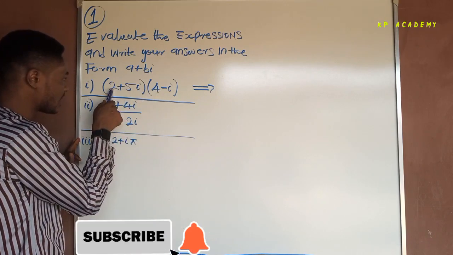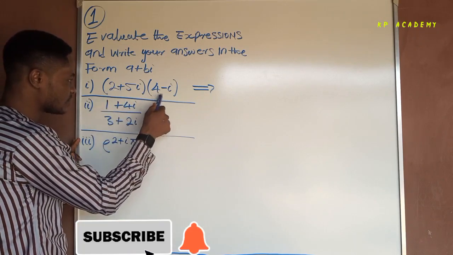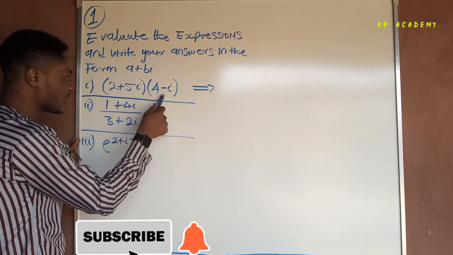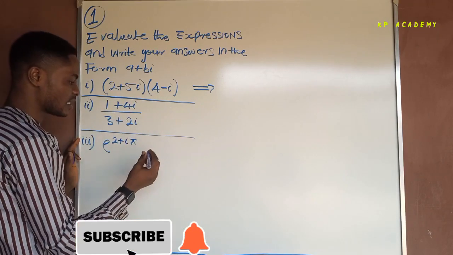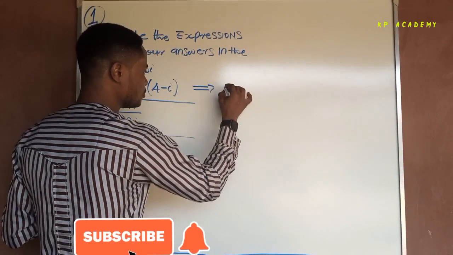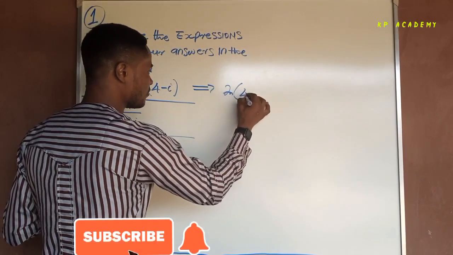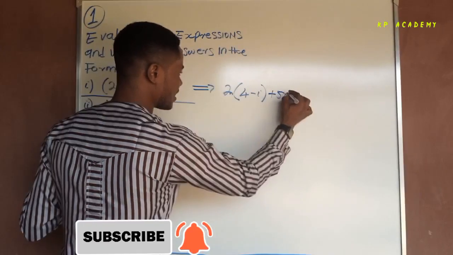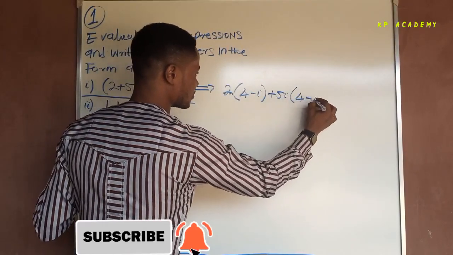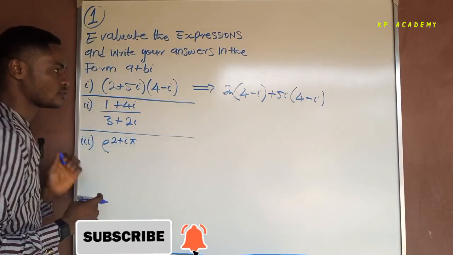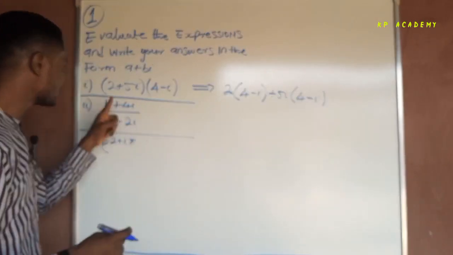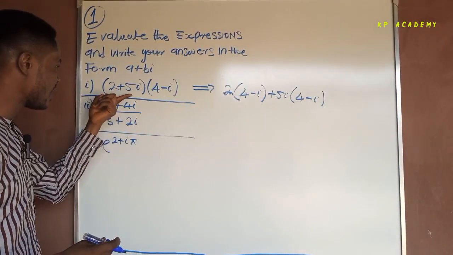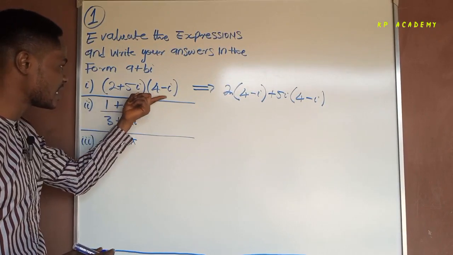So this 2 will multiply everything in this bracket, and this 5i will multiply everything in this bracket, such that we are going to have 2 into (4 minus i), then plus 5i into (4 minus i). This is trying to show that this 2 is multiplying everything here, and this 5i here is multiplying everything here.